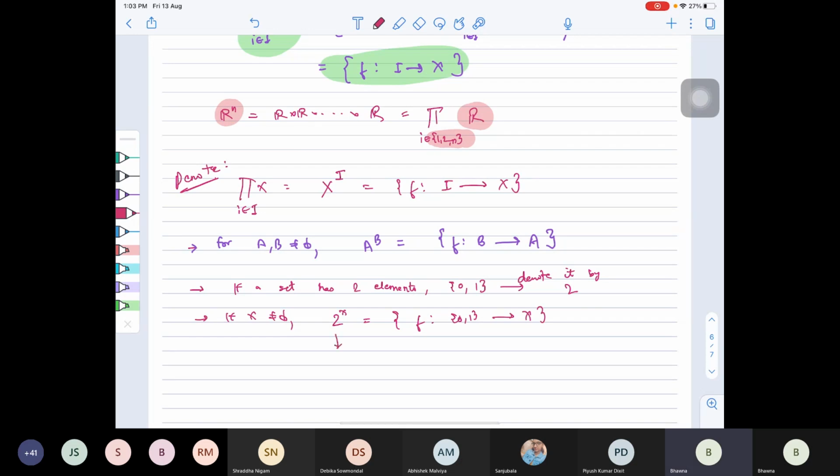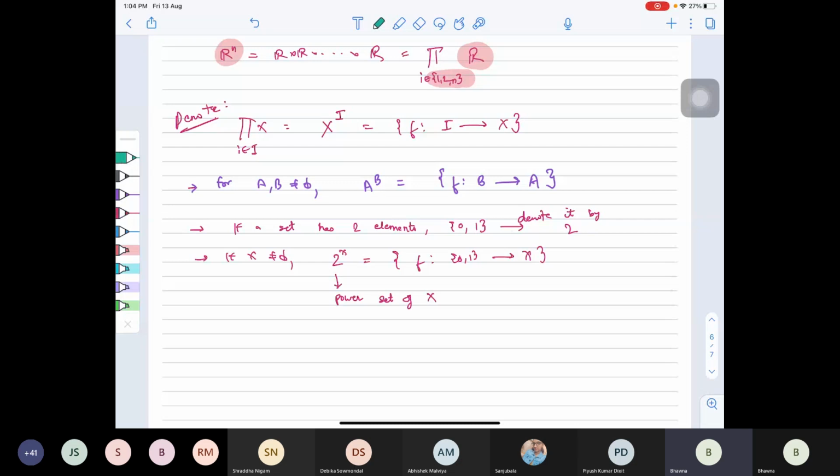And this 2 to the power X we also denote by the power set of X, and these two are actually the same. So therefore we do not have a notational problem.